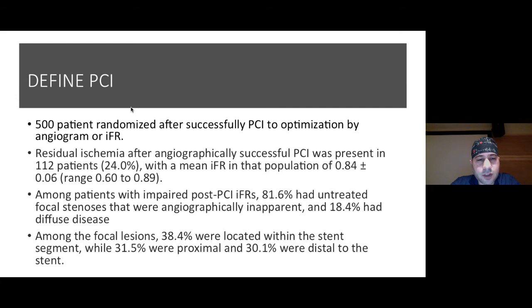And the iFR should be greater than 0.89 for normal flow. Among patients with impaired post-PCI iFR, 81% had untreated focal stenoses that were angiographically inapparent, and 18% had diffuse disease. Of those, 38% of the focal lesions were located inside the stent segment, while 31% were proximal and 30% were distal.